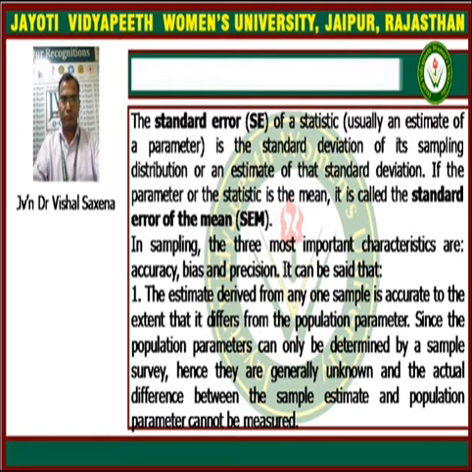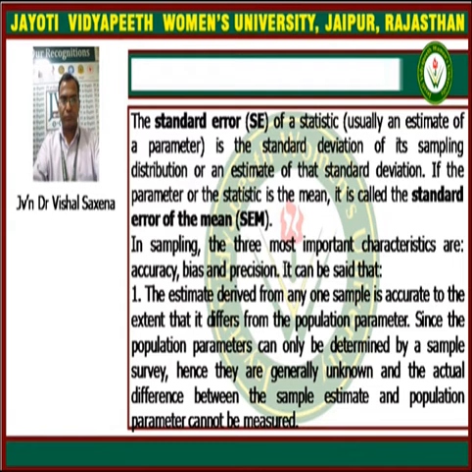Now we have some characteristics for the sampling. What are the characteristics? These are the accuracy, bias and the precision. First, the accuracy. The estimate derived from any one sample is accurate to the extent that it differs from the population parameter.